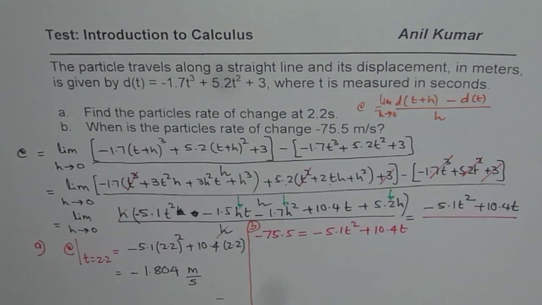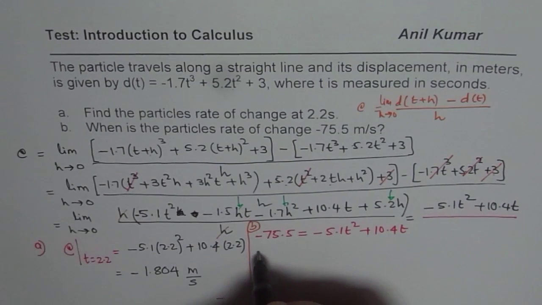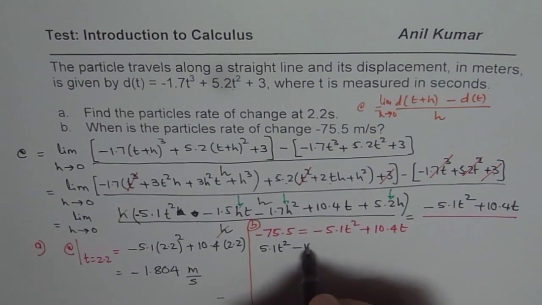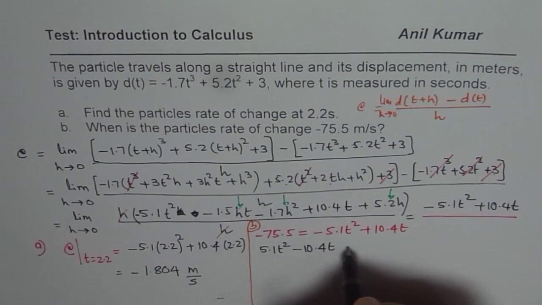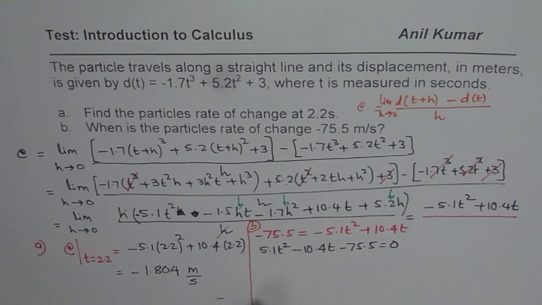Okay, so let's do our calculation. Bringing all terms together, we can write this as 5.1 t square minus 10.4 t minus 75.5 equals 0. To find t, we can use the quadratic formula.